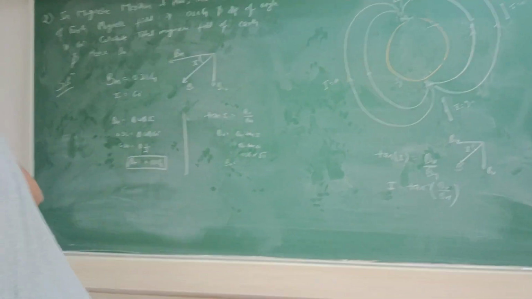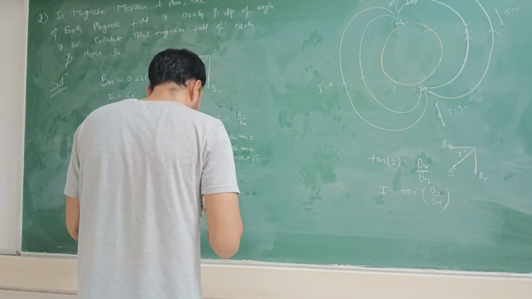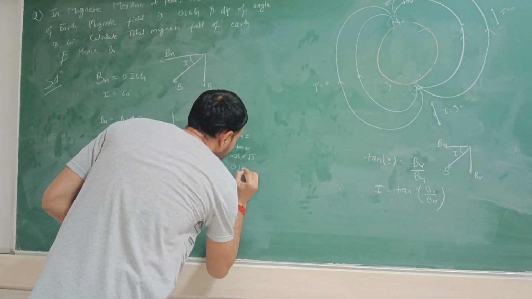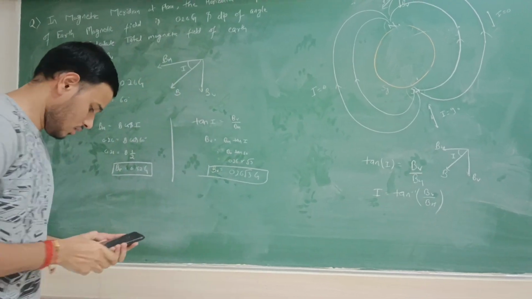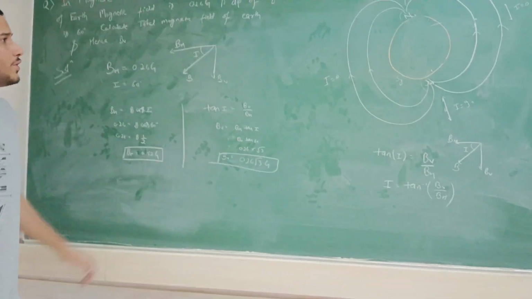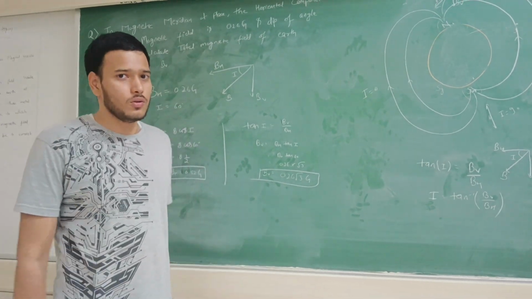Let's see what the answer is. That is 0.26 root 3 gauss. That's all in this video. Hope it will be helpful for you. Thank you.